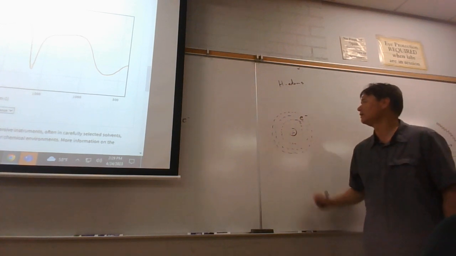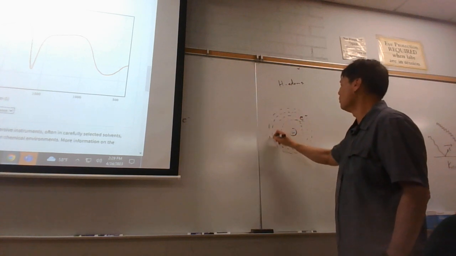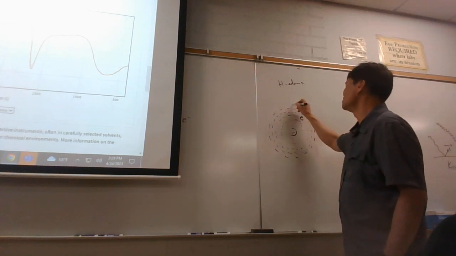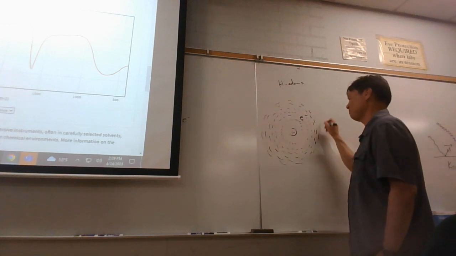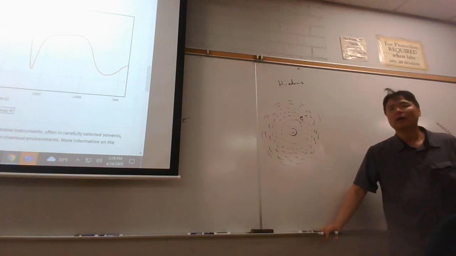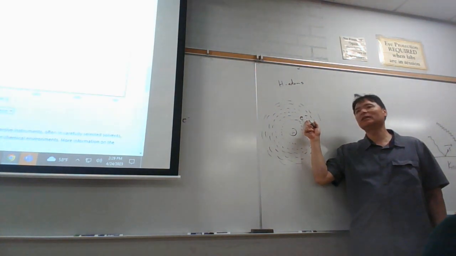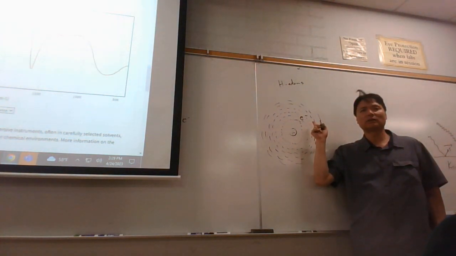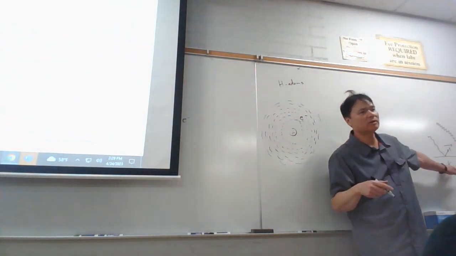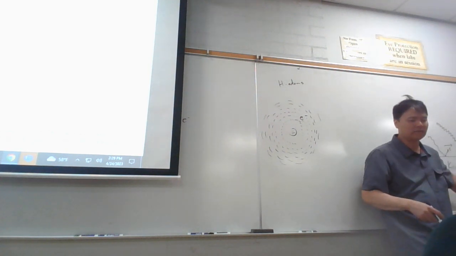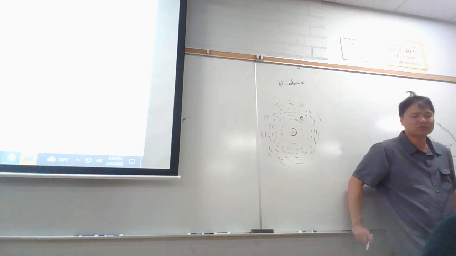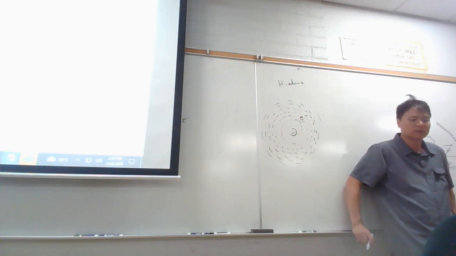And so basically, this is different. What we expect here is a continuum. A continuum means that any energy can be absorbed. So the electron can absorb either a little bit of energy or a lot of energy. That's different than what I was talking about over here. What I was talking about over here is something called quantization of energy, where it just has to be the right amount, otherwise it's not absorbed.